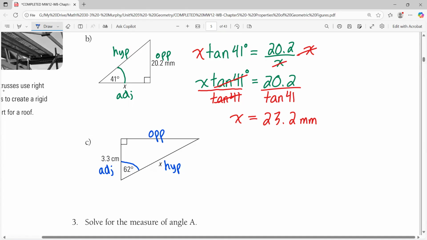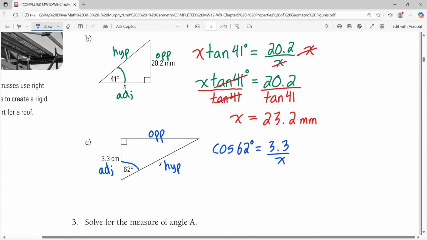So it looks like we have adjacent and hypotenuse. And hypotenuse is unknown. So this would be cosine. And I'm going to replace some variables with some known ones. Let's replace theta with 62 degrees. Adjacent is 3.3 and hypotenuse is x.